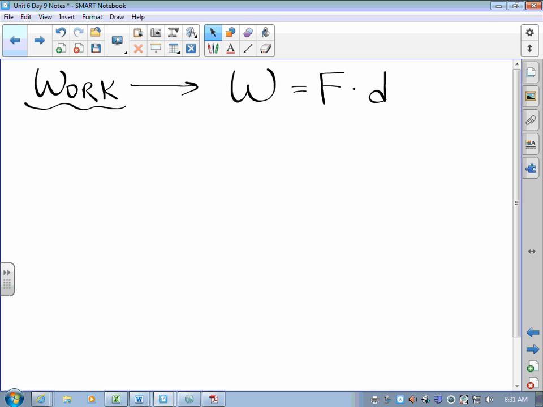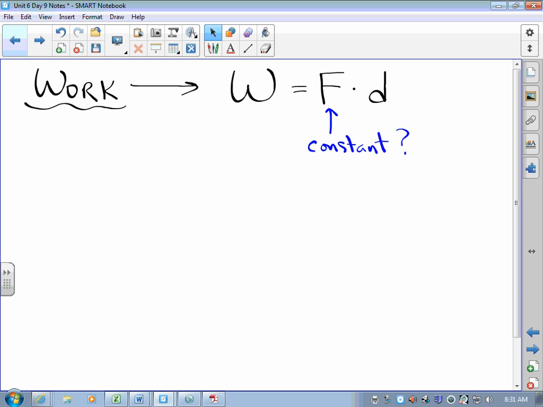In physics, work is force times distance. Of course, in high school physics, this force is always a constant. But what if it isn't? What if the force is not constant? Well, then we have a problem.